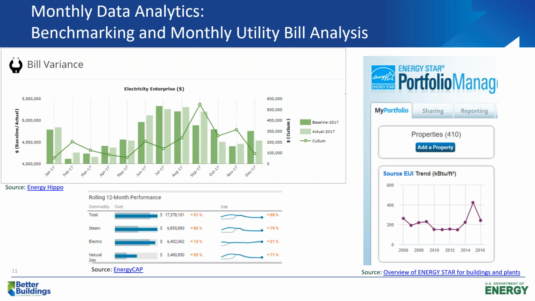As that line goes up, that means your overall savings cumulatively are going up. As that line goes down, that means your savings are eroding. So in a big picture, you can look at Q sum as a way to look at, at a meter level, what's going on with your building.